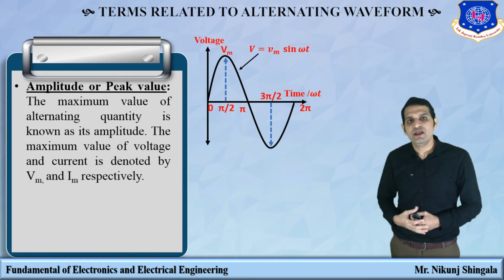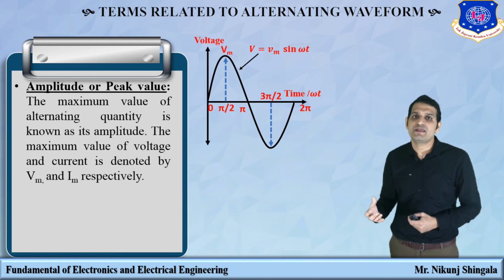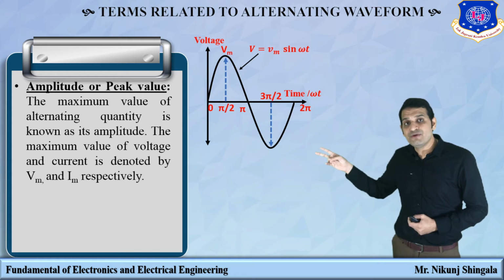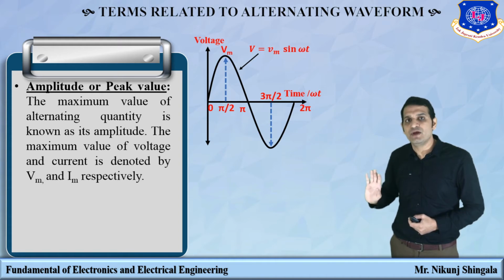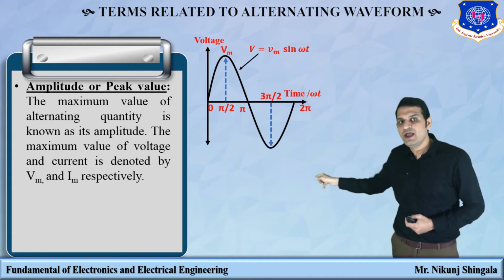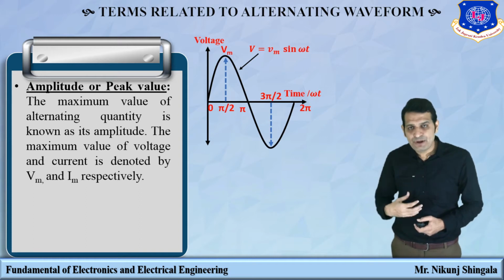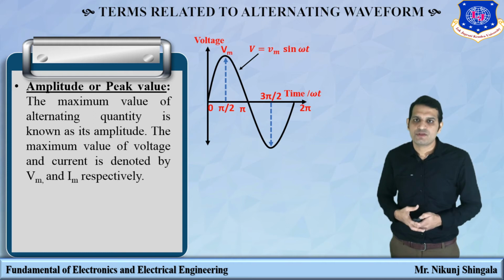The maximum value of voltage is represented by Vm or Em, and the maximum value of current is represented by Im. Here you can see that in one cycle an alternating quantity has two maximum values, one positive maximum and the other negative maximum. So amplitude, peak value and maximum value are the same terms.